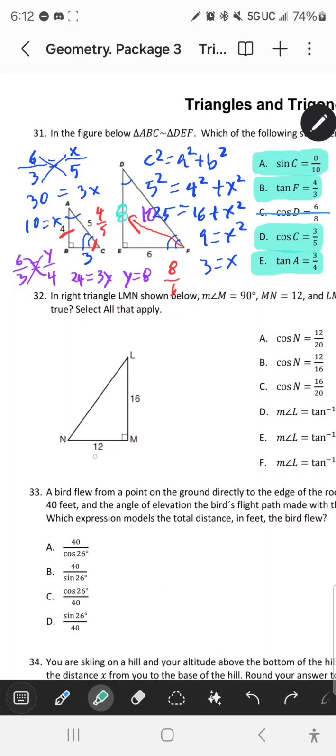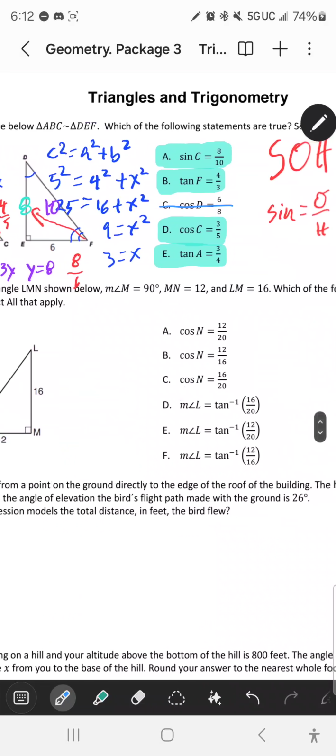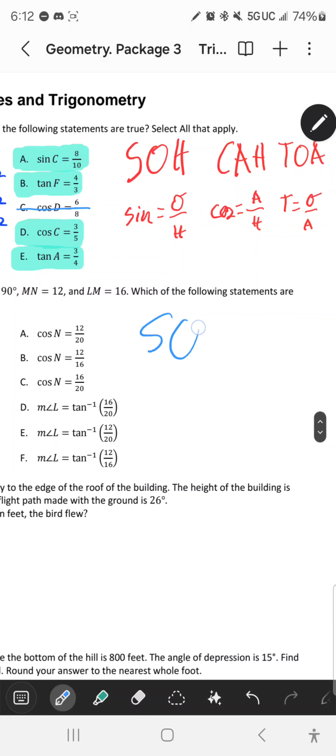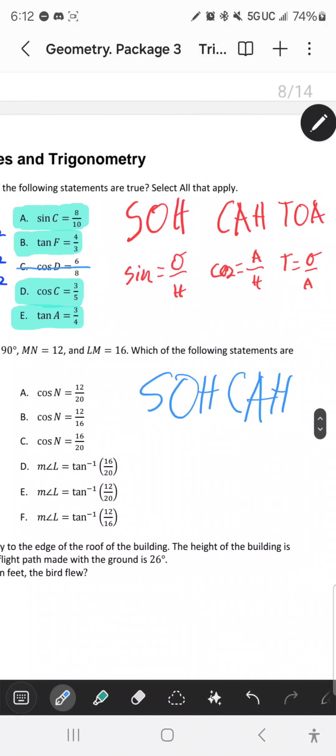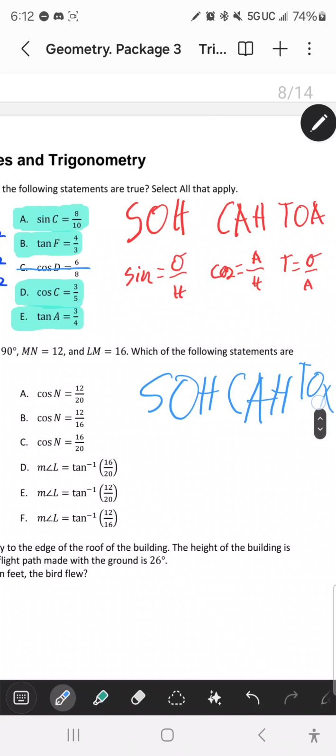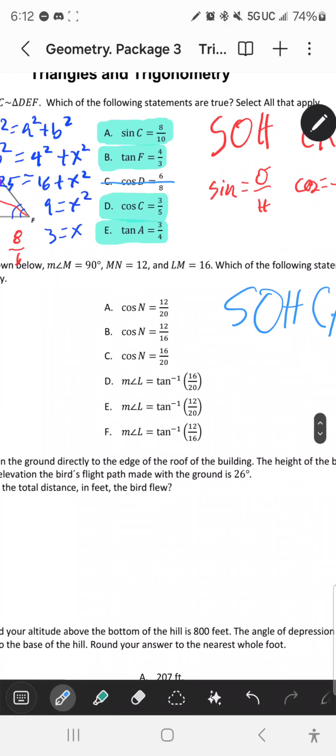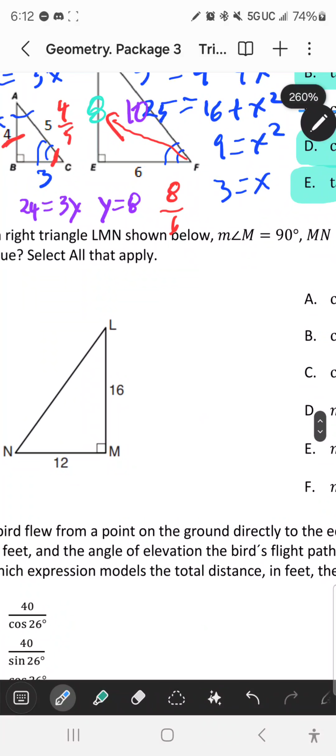So, cosine of N. First of all, to know the cosine, we need to know the measure of this side. So, remember, SOH CAH TOA. I know I just wrote it, but either way. So, we need the hypotenuse. I'm going to use the Pythagorean theorem. I know c squared is the hypotenuse, the big line opposite to the right angle.